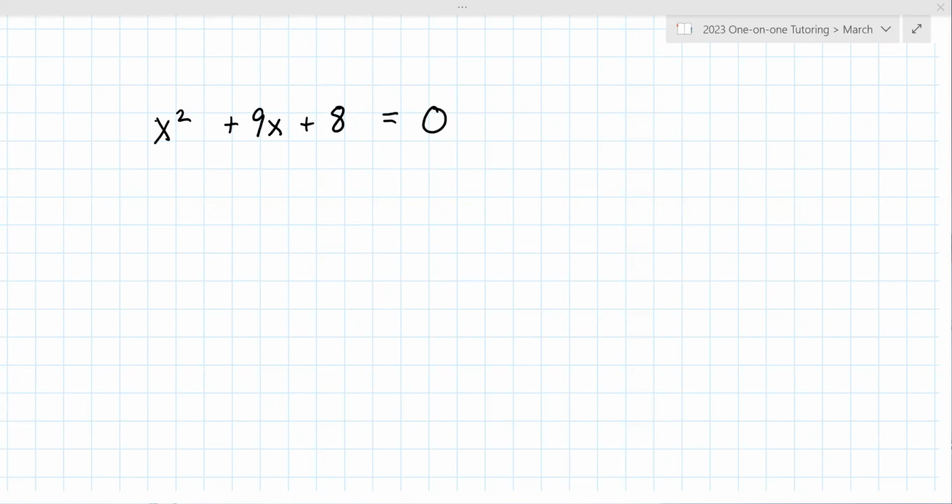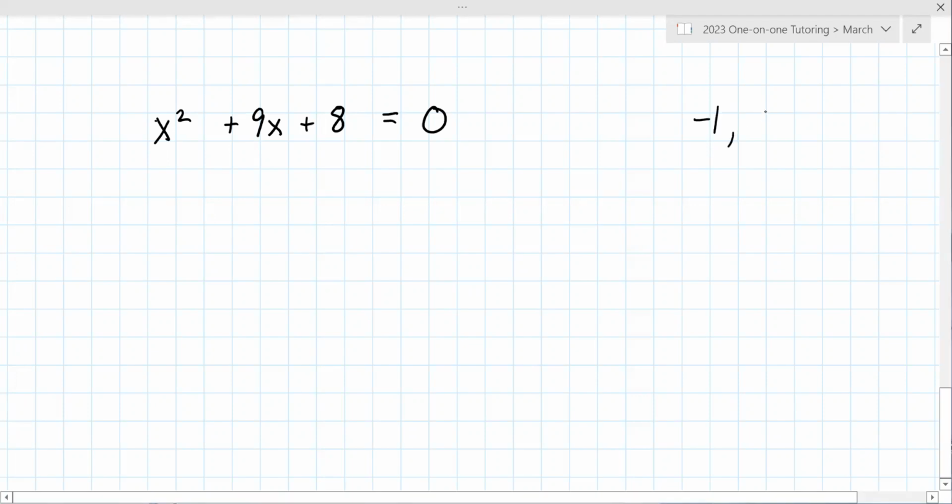Are they both negative, or you're giving me -1 and then +8? -1 and +8. Okay, so there's a sign error issue there, really close here. So A is 1, B is 9, C is 8.